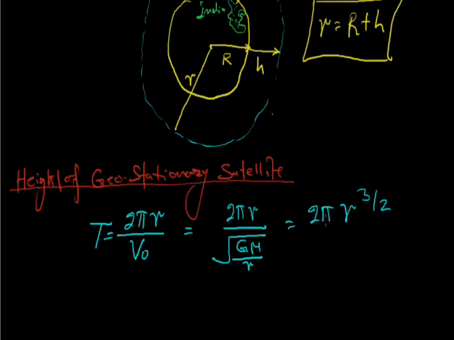And we know that GM is g r square, because small g is equal to GM upon r square, so capital GM is gR square.